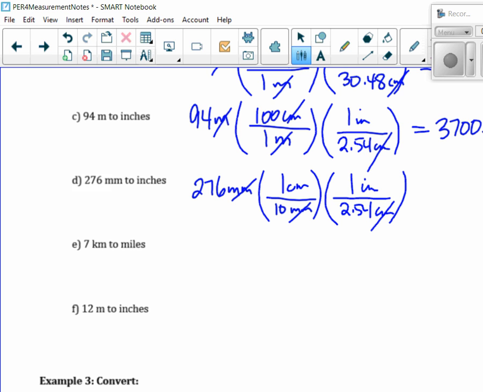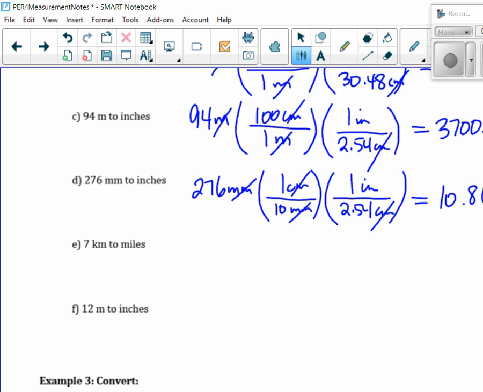So that goes on the bottom and that goes on the top so that they cancel. So 276 times 1, but you don't really need that, divided by, now watch this, because you're dividing it by 2 things. You're dividing it by 10, and then you're dividing it by 2.54. So use brackets. So then we get 10.866 inches. Maybe you need to pause until you get that calculation right.